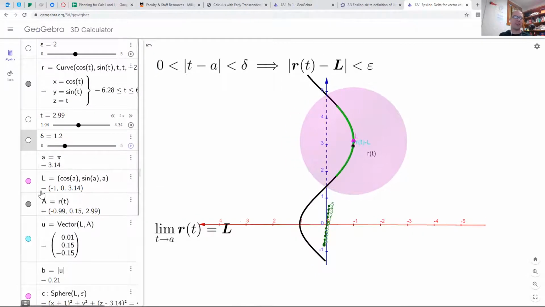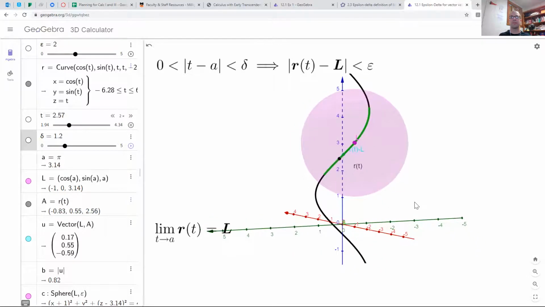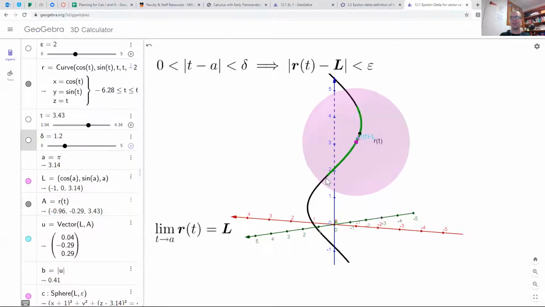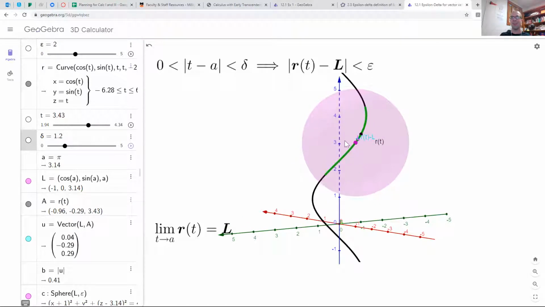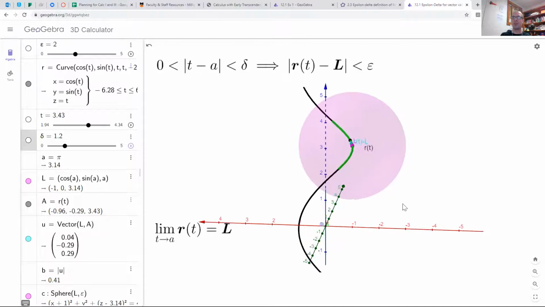Our L point is -1, 0, and then pi. This is kind of cycling through everything in our delta interval and showing that the function is always close enough to L to be within our sphere.